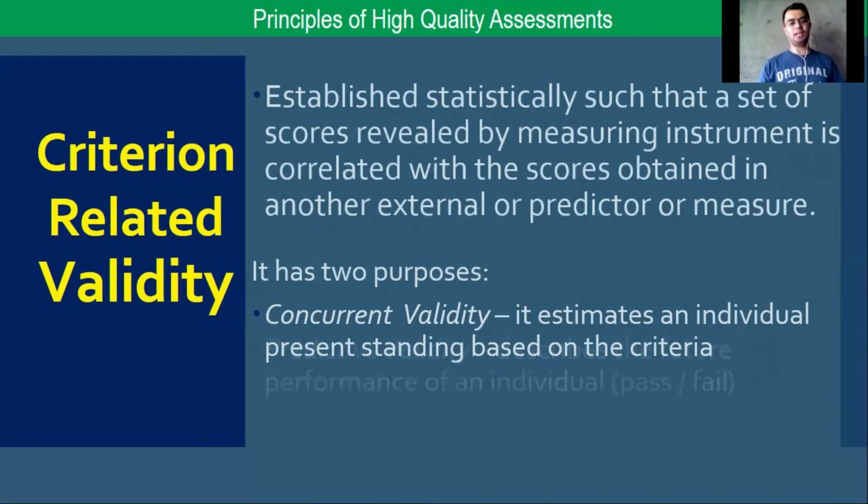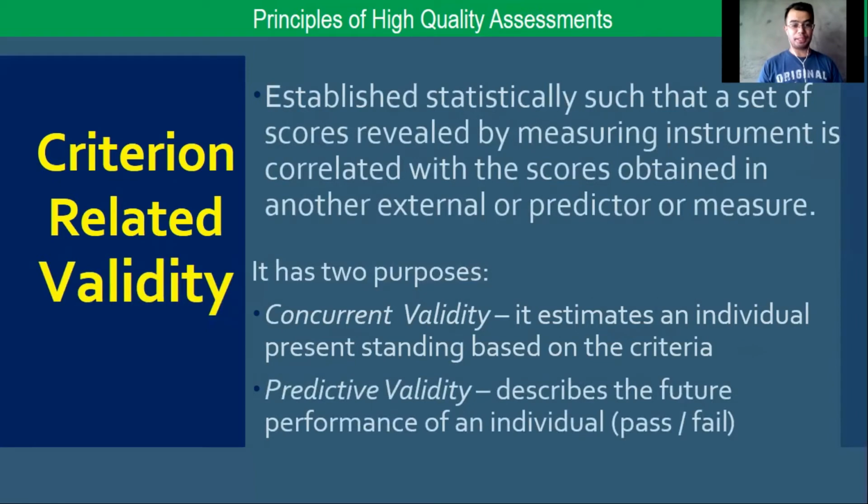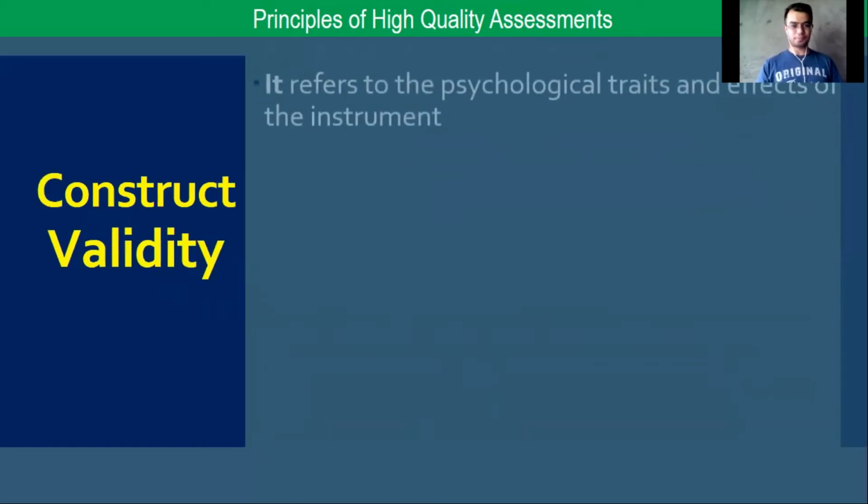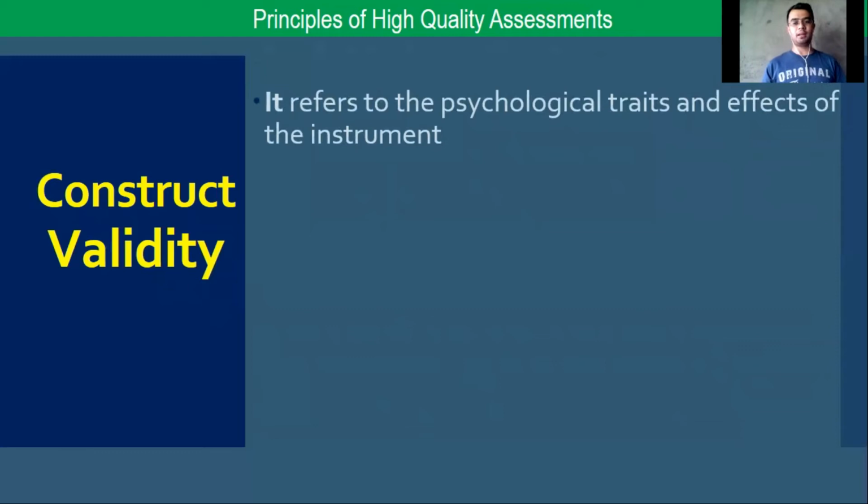And that would lead to the second purpose, which is predictive validity, which will describe your future performance, if you will likely pass or if you will likely fail. Next is construct validity. It refers to the psychological traits and effects of the instrument.